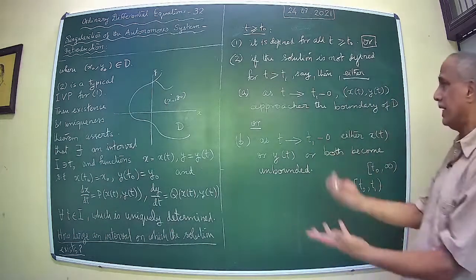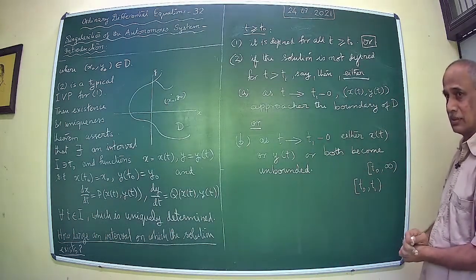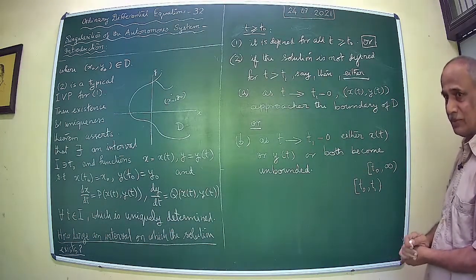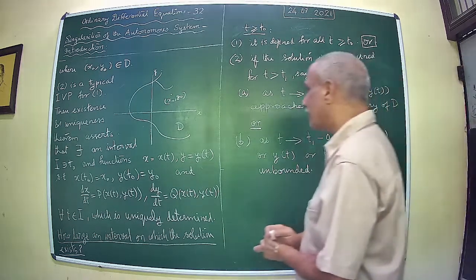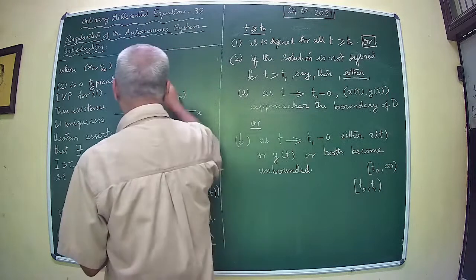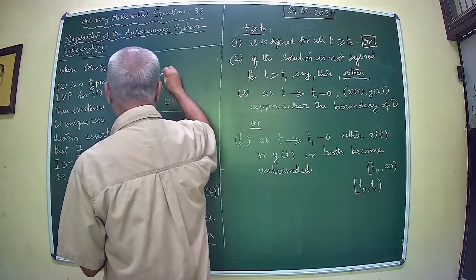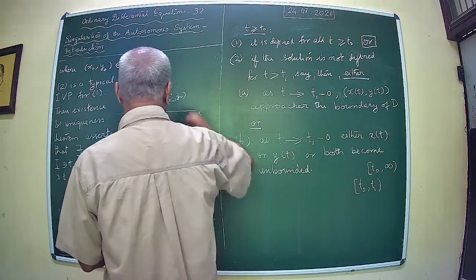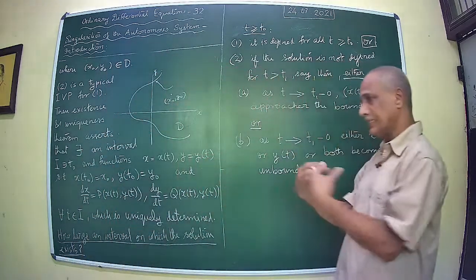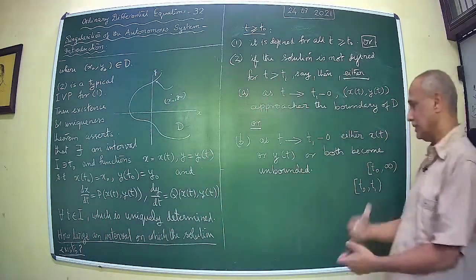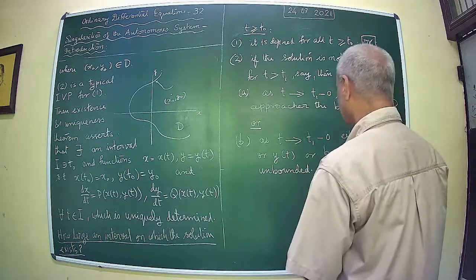It doesn't say that the limit exists, but what you can assert is that if you take an arbitrary point on the solution and compute the distance from the boundary, this distance will go to 0 as t tends to t1 minus 0.